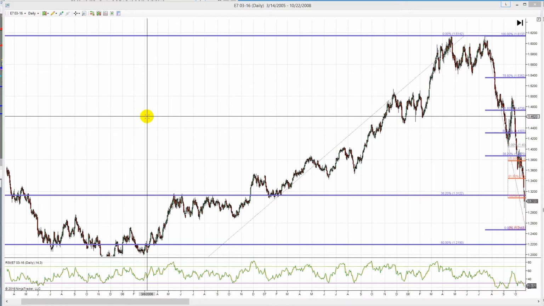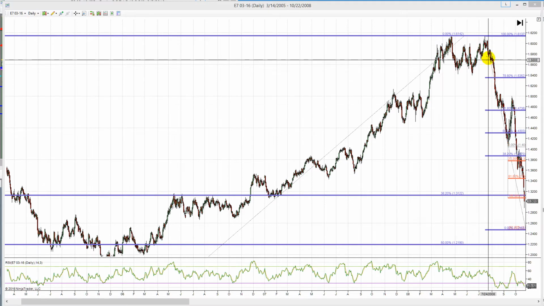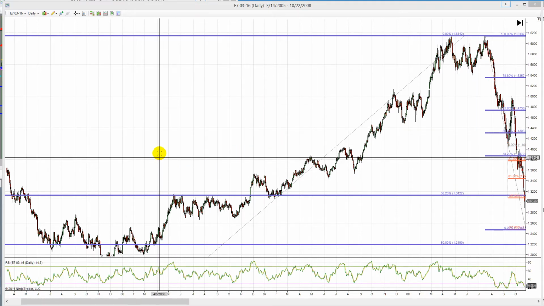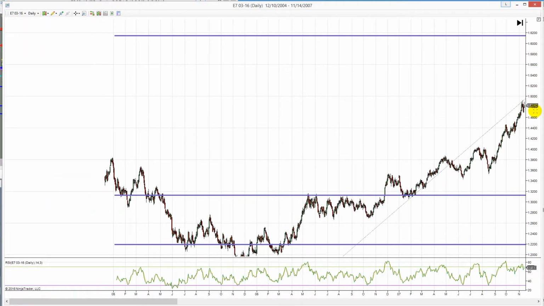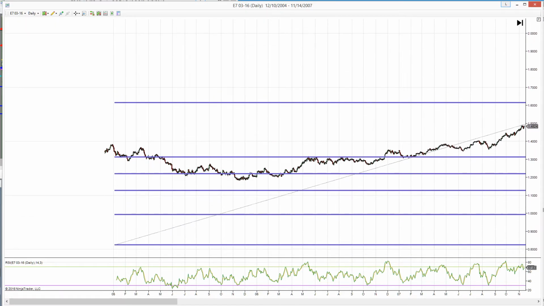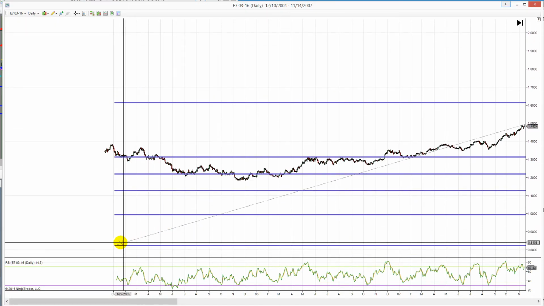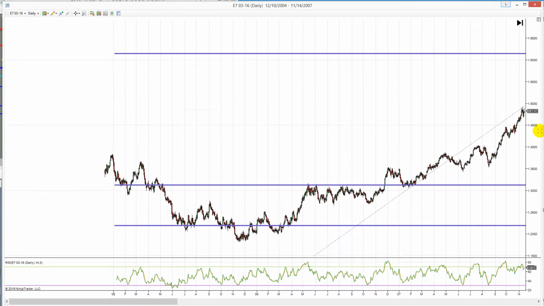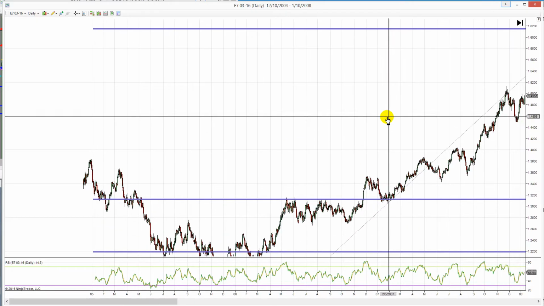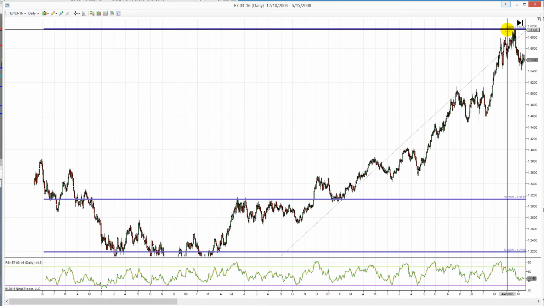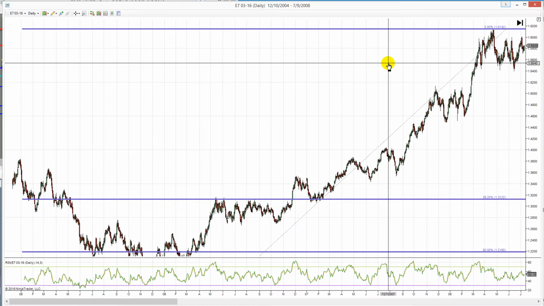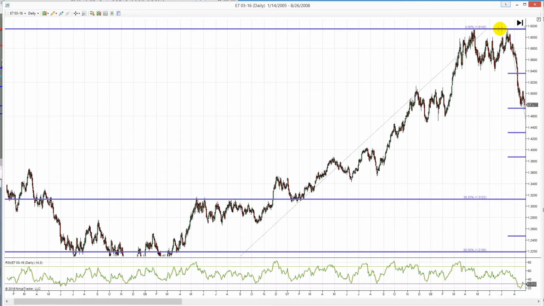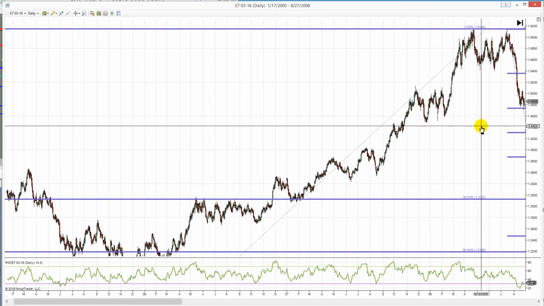Okay, here is a daily chart, and again, same idea. That was the low in 2000. Then that was the high, and then we started to double top and decline.